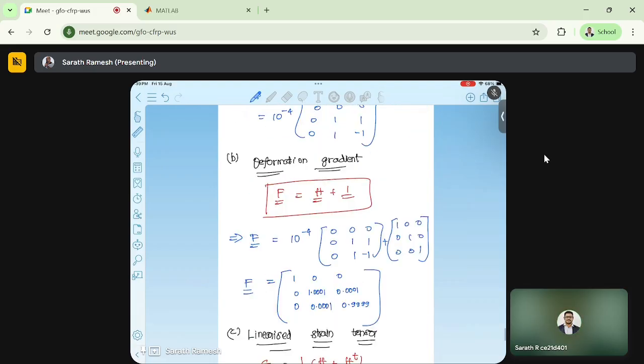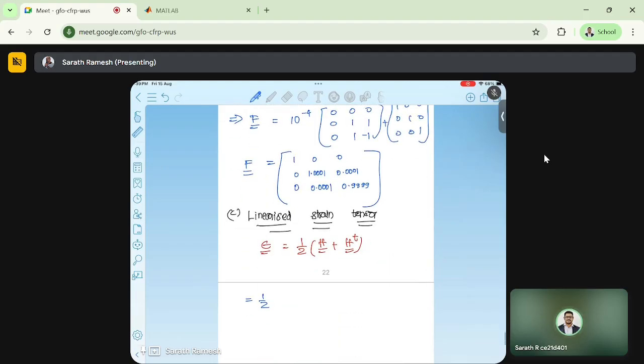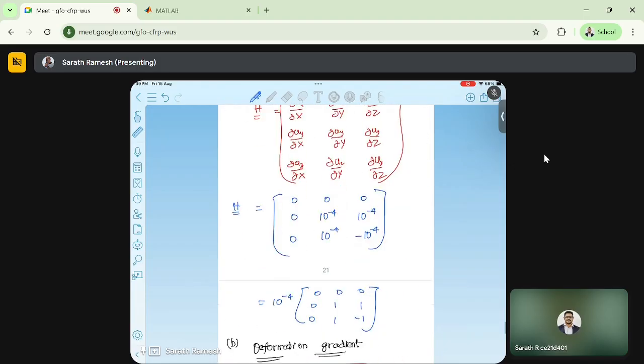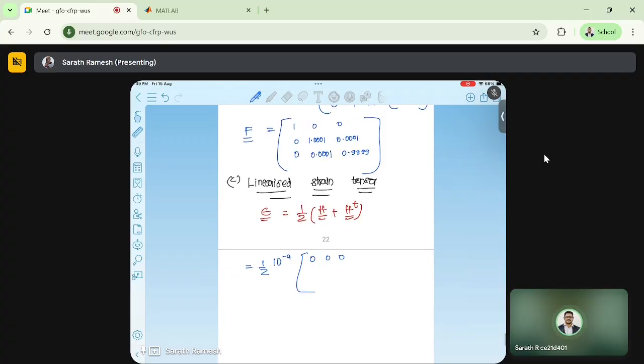So this is equal to half, H is 10 power minus 4 times the matrix 0, 0, 0, 0, 1, 1, 0, 1, 1.